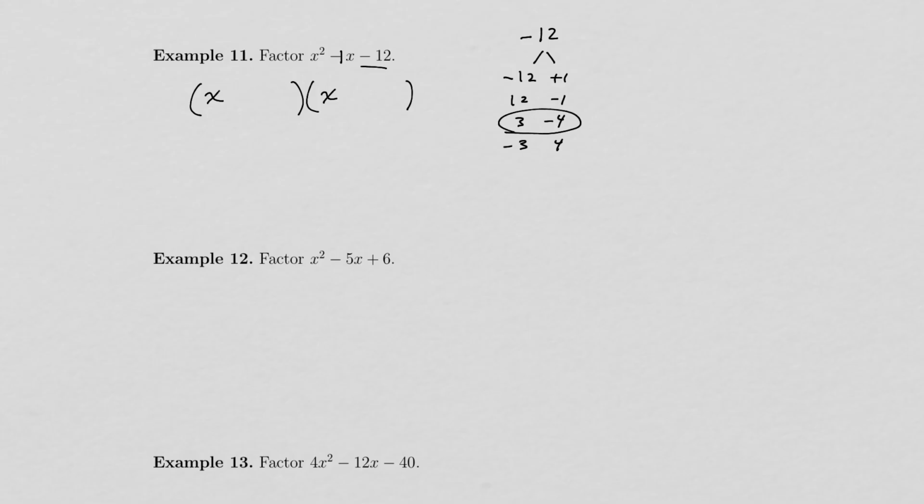If I multiply positive 3 times negative 4, I get negative 12. And if I add 3 plus negative 4, that gives me negative 1. So that's what I want. So one of these factors will be positive 3, and the other one will be negative 4. Okay, and again, you could check it by FOILing it back out, right? If you multiply that back out, you're going to get x squared minus x minus 12.